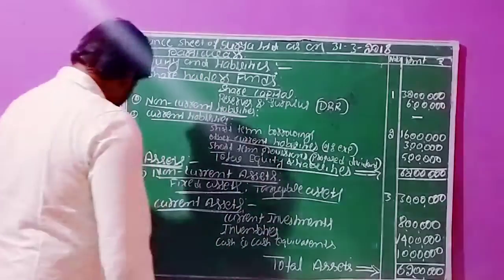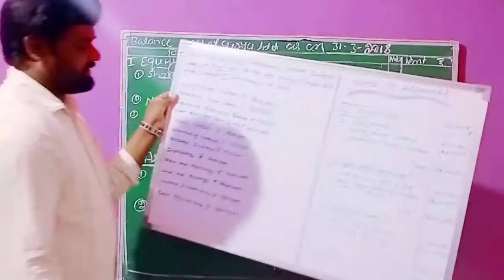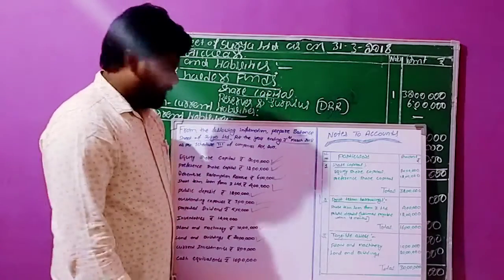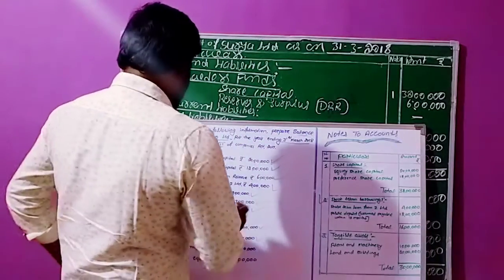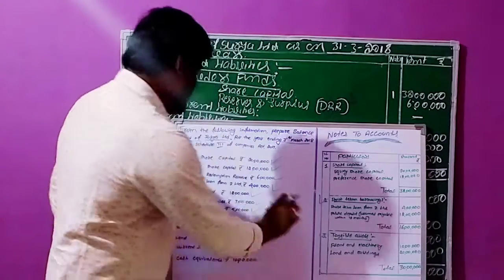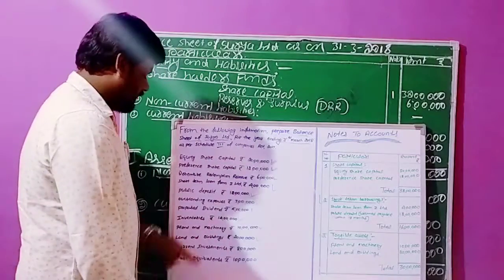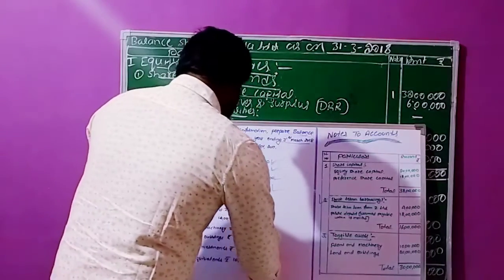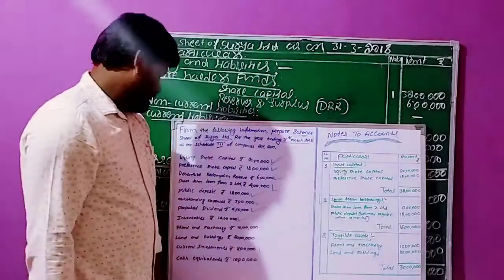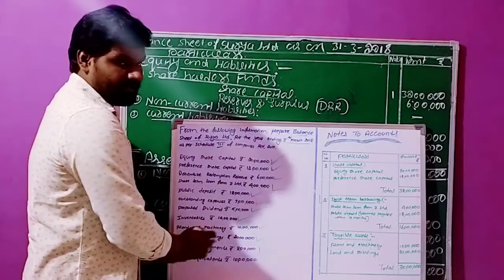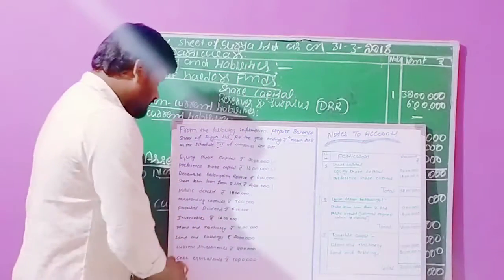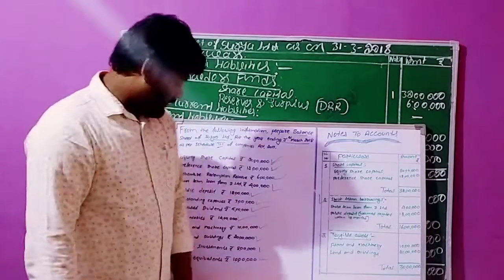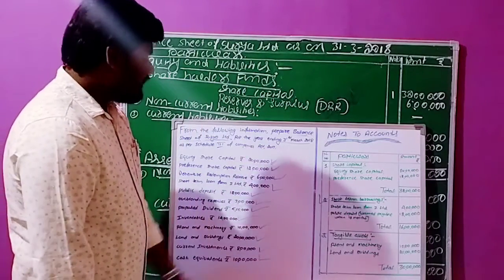So as per this question, whatever information they gave, all the information we have utilized for the preparation of the balance sheet. Here inventory we have already completed and recorded under the current assets. The next one, current investments, we also recorded. Finally, cash and cash equivalents, totally 10 lakhs rupees.